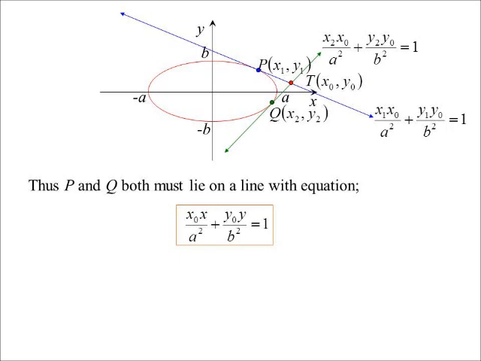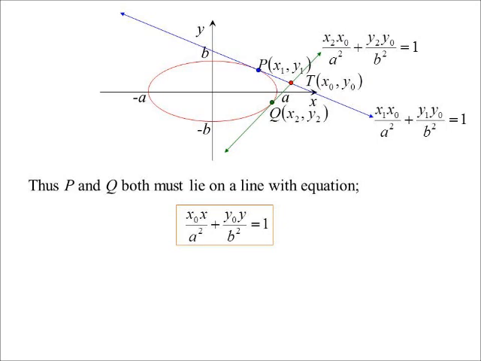Because if I substitute in (x1, y1), I get this statement here with the blue tangent, which I know to be true. And if I substitute in (x2, y2), I get the statement that we came up with for the green tangent. So we know it works. It looks like I've cheated. It looks like I haven't done any maths, haven't done any deriving. And I see you nodding your head in agreement. But it's the quickest way of working it out.